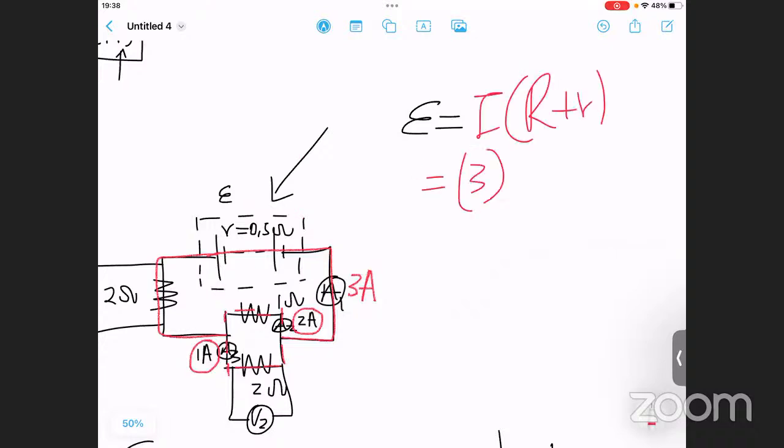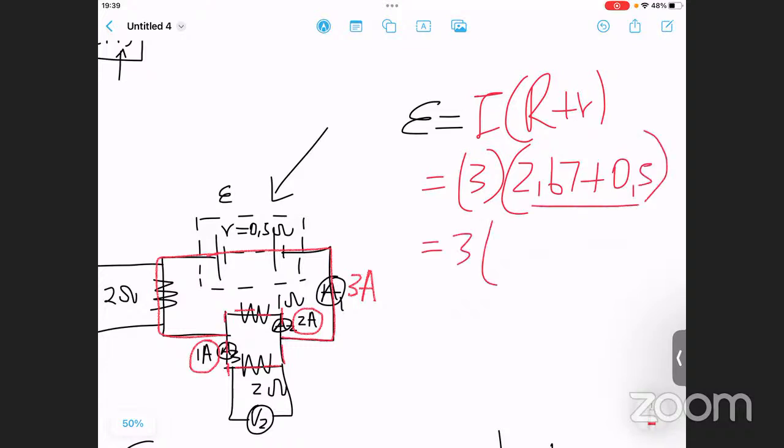This one we got to be 2.67, and then you add 0.5. And then you have 3 into, no, not 2, but 3.